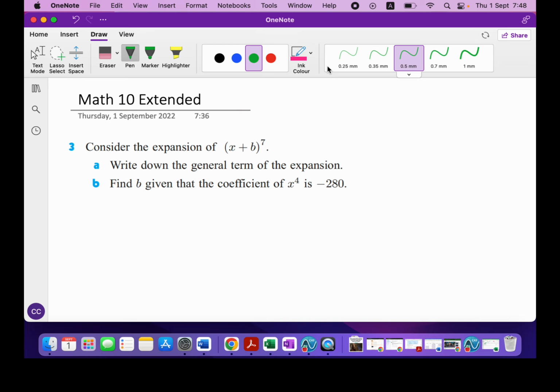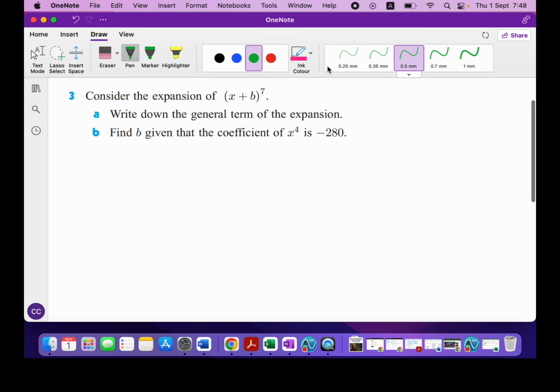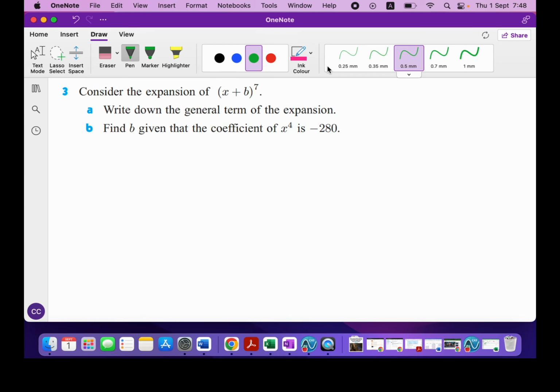I think it's valuable for us to do this, so let's just go ahead and do that. Well, the general term, if I have (a plus b) to the n, is n choose r of a to the n minus r times b to the r.